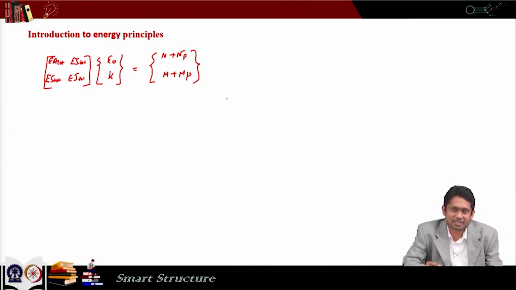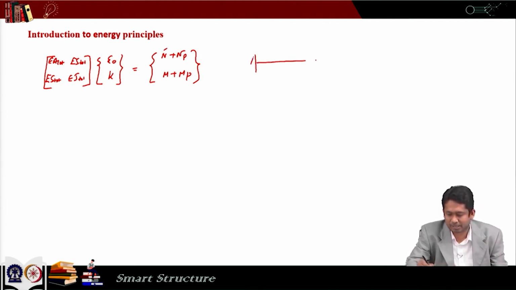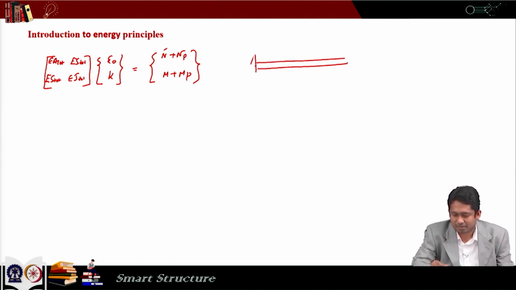Now, when the structure is statically determinate, it is easy to find these N and M. So, for example, we had a beam like this. In that kind of situations, if I have some externally applied loads along x as well as z direction or some applied moment also, we can find this N and M.